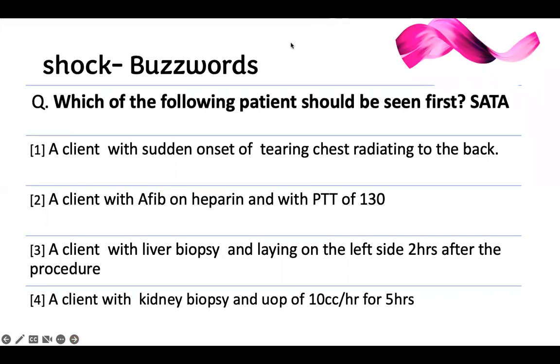Another question, the same story, right? Which of the following should be seen first? Okay, we have a client with a sudden onset of tearing chest pain radiating to the back. This is the chest, tearing chest pain radiating towards the back. There's the buzzword.